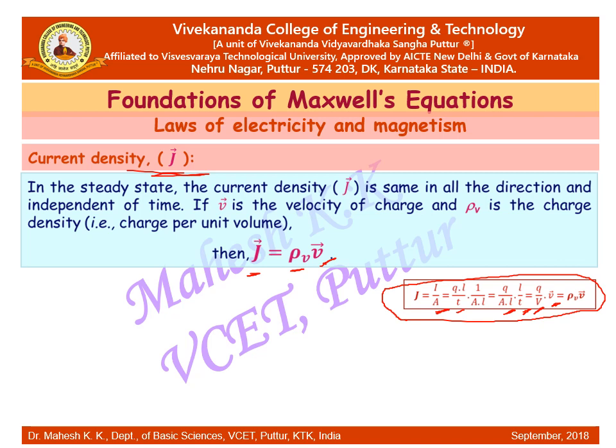So charge by volume is the charge density, and we have J is equal to rho V times V.